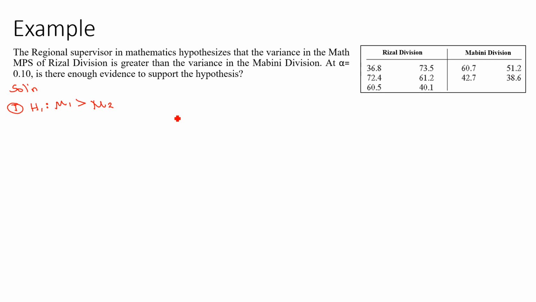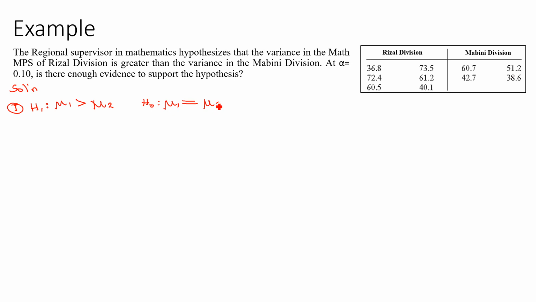So the variance of the Rizal division is equal to the variance of the Mabini division. So this would be our null hypothesis. For our null hypothesis, we have mu1 is equal to mu2. Mu1 and mu2 are our means.